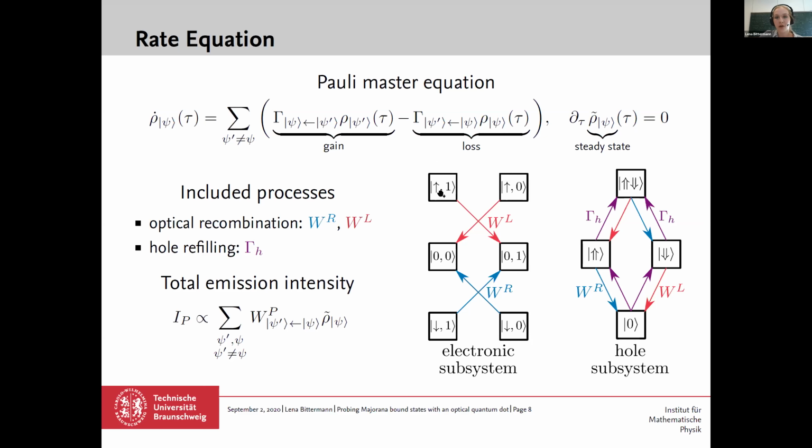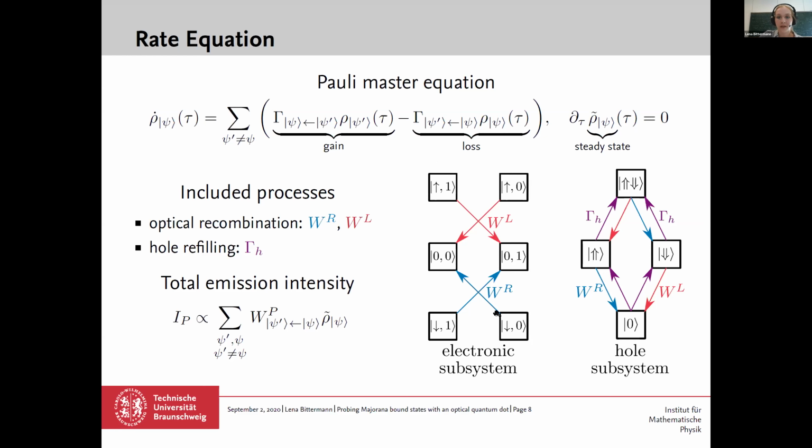If we look at our uncoupled states, again, this was the quantum dot electron, and this is the non-local fermion. Then an up spin can recombine with a hole to a left polarized photon, ending up in a state like this. And here we change the parity of the system. The same holds also for down spins.